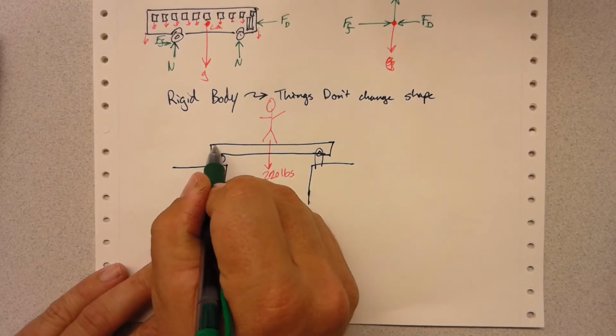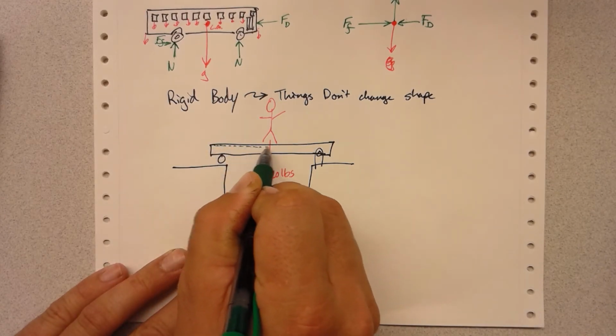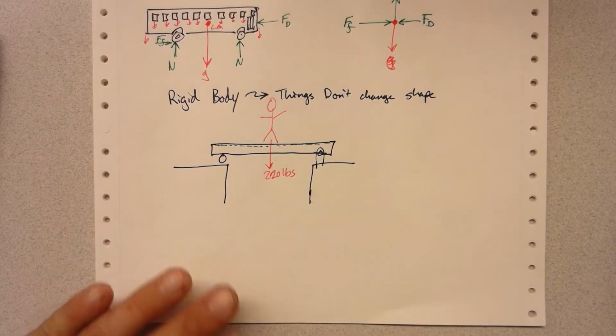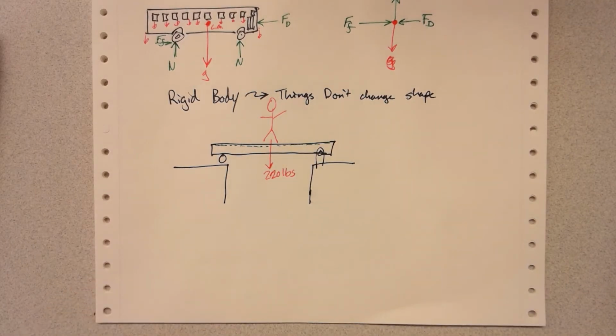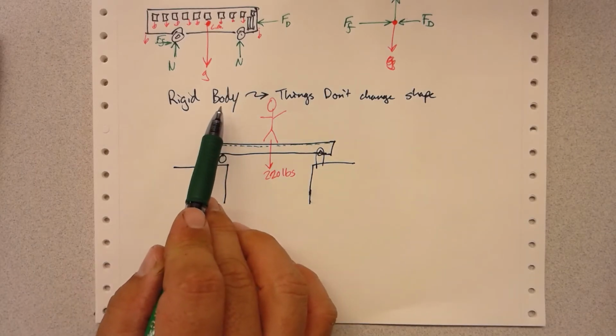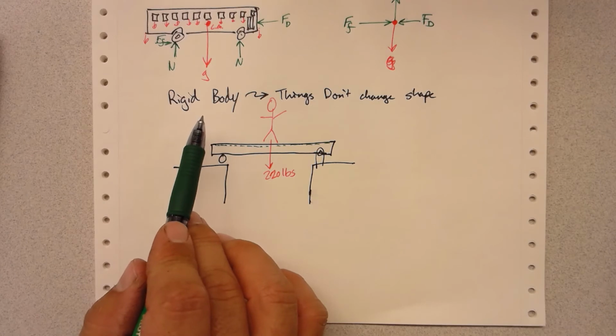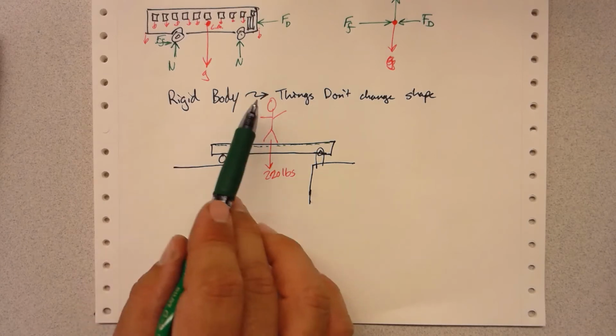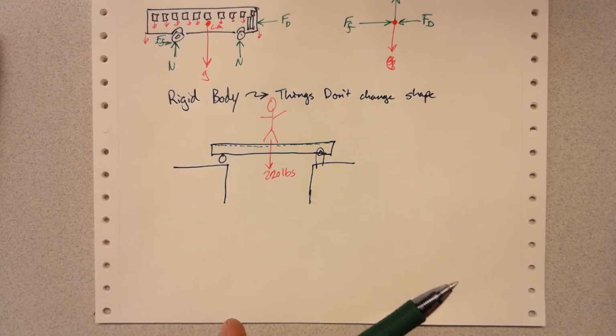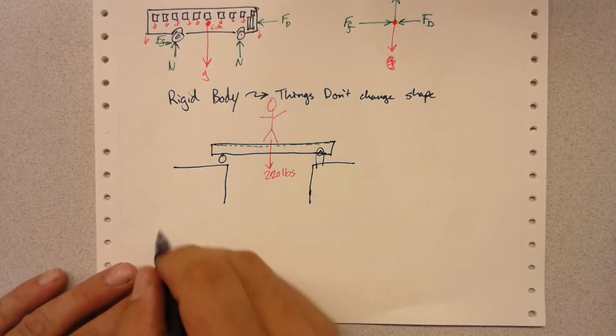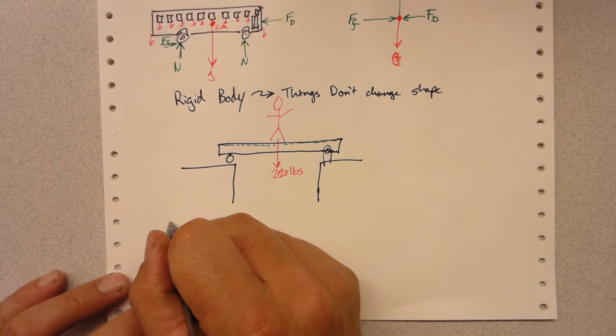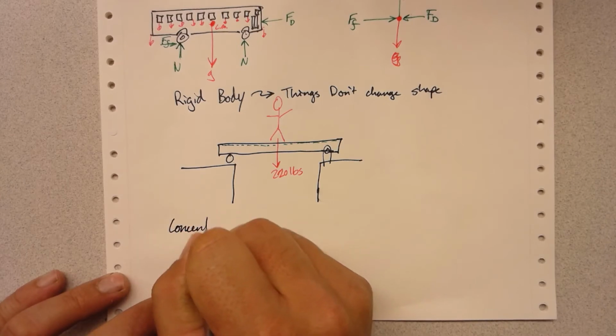So it's going to deflect just a teensy-weensy little bit. But does that change my calculations significantly? It doesn't. And so the rigid body assumption greatly simplifies our calculations and is a legitimate assumption for almost all cases. Okay. The last assumption that we'll talk about is the concentrated force.